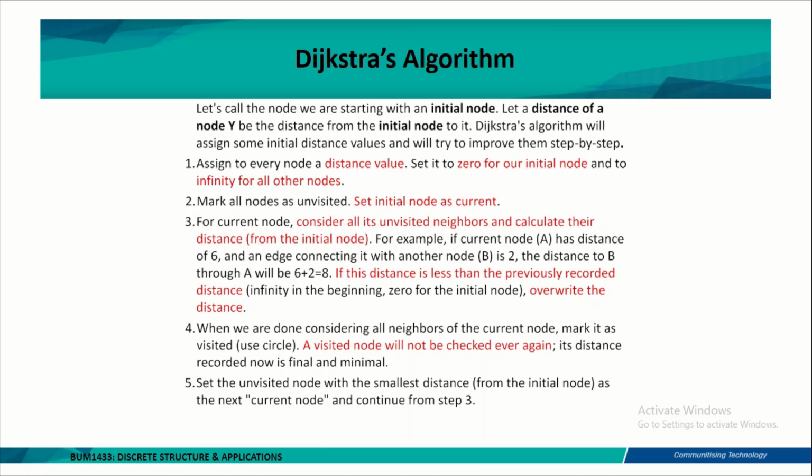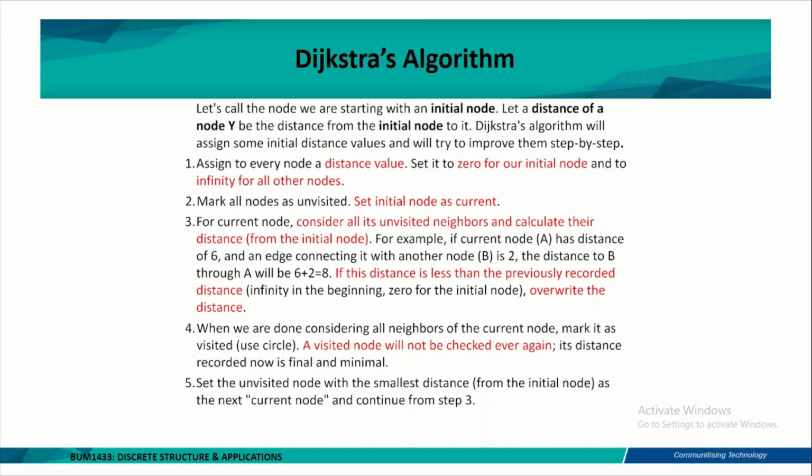Second, mark all the nodes as unvisited and set the initial node as current. Third, for the current node, consider all its unvisited neighbors and calculate their distance from the initial node. If the distance is less than the previously recorded distance, then override the distance. Fourth, when we are done considering all the neighbors of the current node, mark it as visited using a circle.